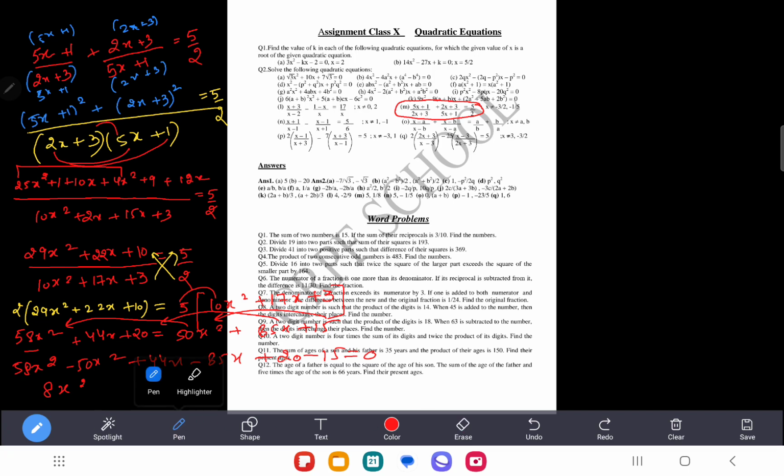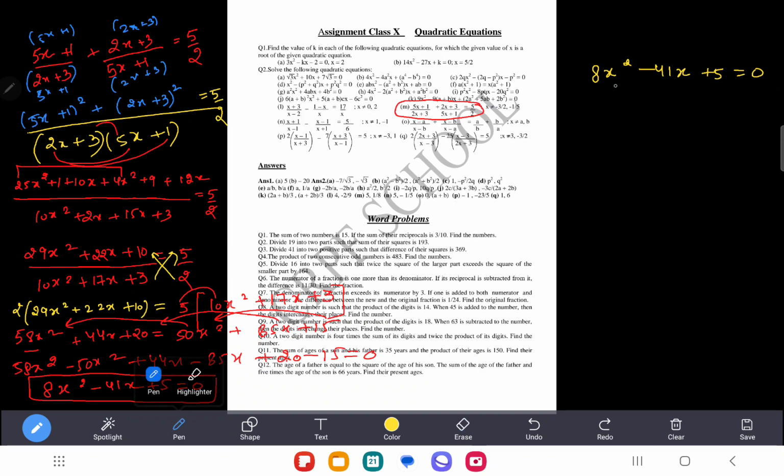You have 44 minus 85, so you'll have minus 41x, and you will have plus 5 equals 0. That's your quadratic equation. And now it is easier to solve this equation. What do you have? You have 8x squared minus 41x plus 5 equals 0.